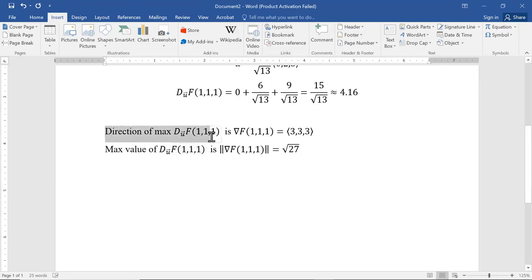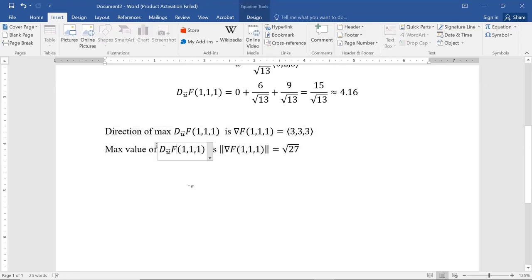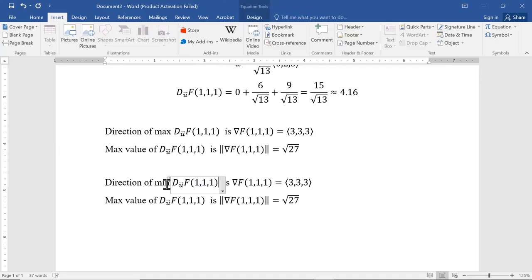If I want to do the minimum, well, the direction of the minimum directional derivative is going to be when u is the negative of the gradient, which is -3, -3, -3.